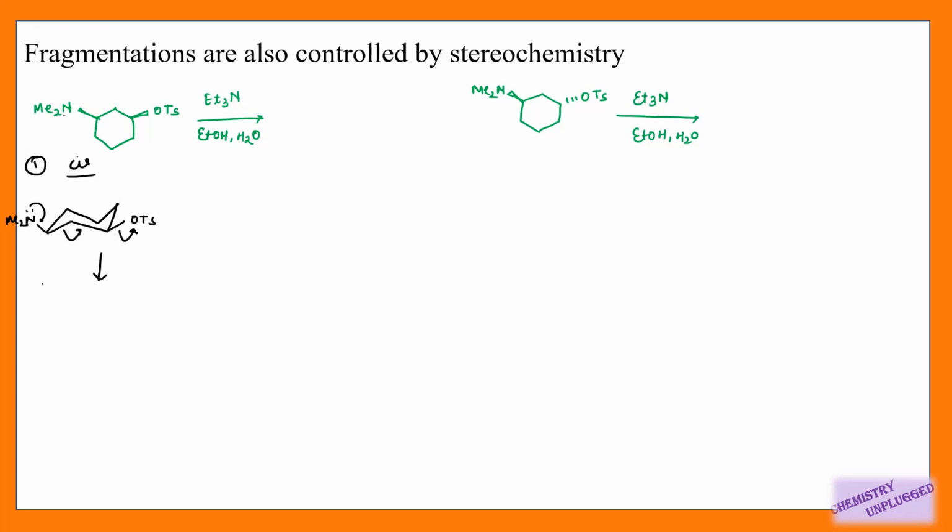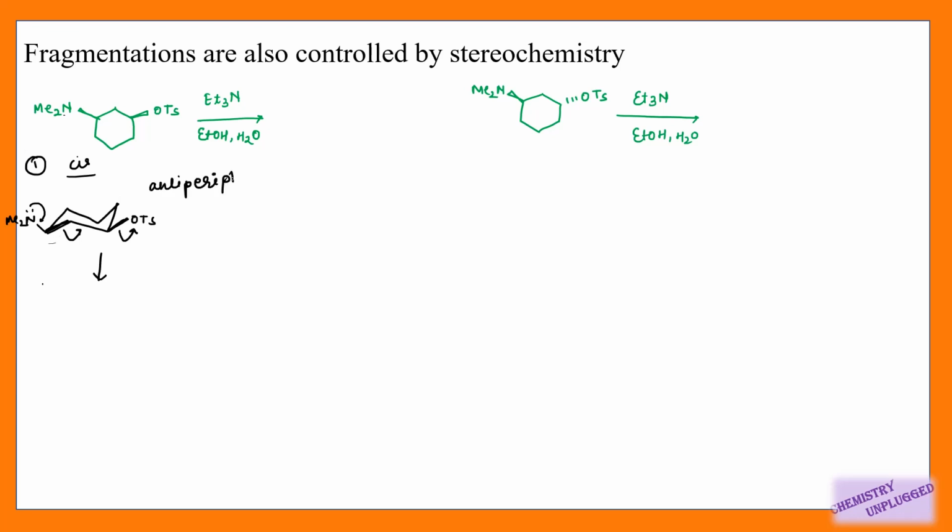So the important thing is that the bond which is going to fragment and the bond which is attached to our leaving group, these two should be anti-periplanar to each other. The bond which is going to be under fragmentation and this leaving group bond should be anti-periplanar to each other.